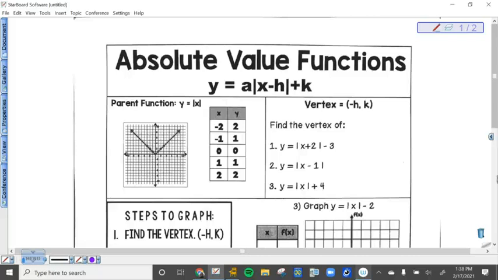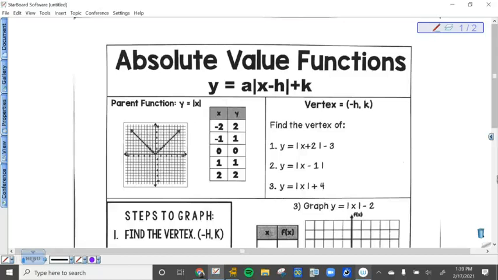So up here, y equals a times the absolute value of x minus h, plus k. This is going to be our standard form of absolute value functions. The a, the h, and the k are all going to be replaced with numbers.